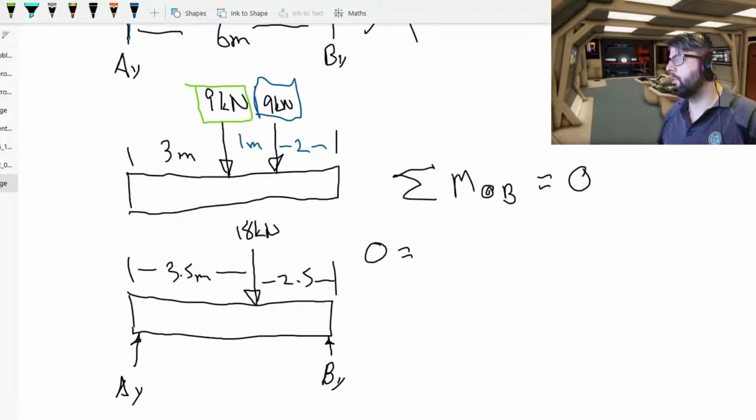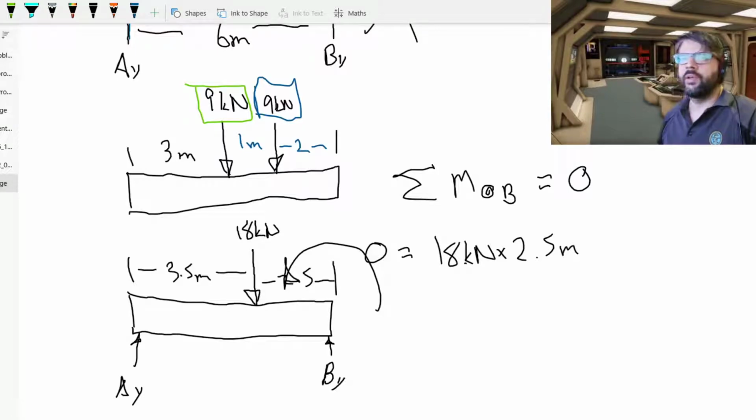So 0 is going to be equal to the 18 kilonewtons times the 2.5 meters between the point it's acting at, and that's going to be positive because it is applying a counterclockwise rotation to the object relative to B. And then we're going to have the AY reaction, minus AY times 6 meters.